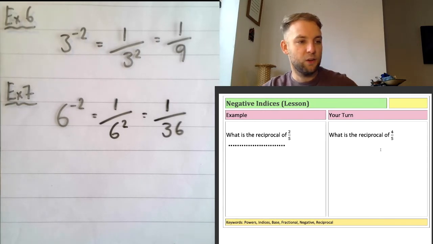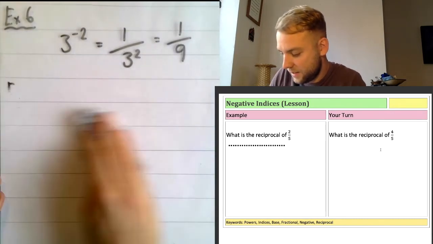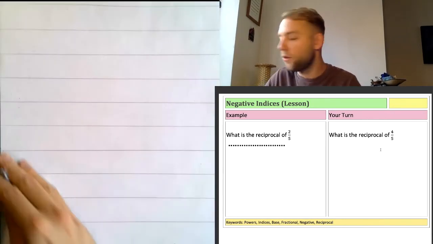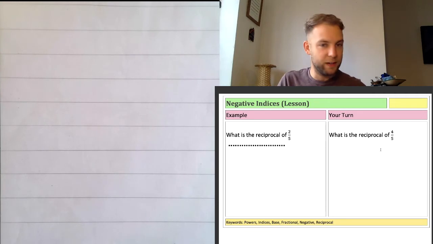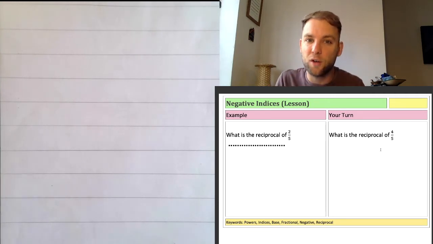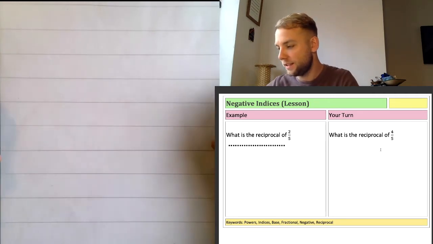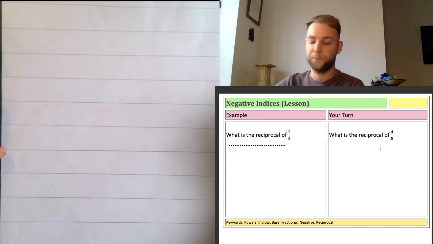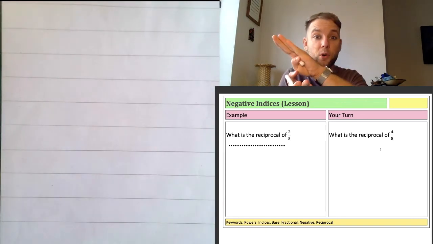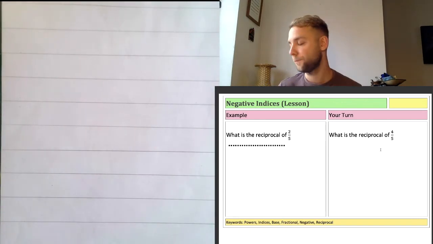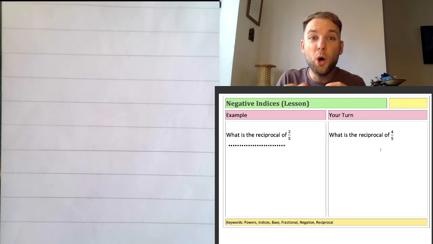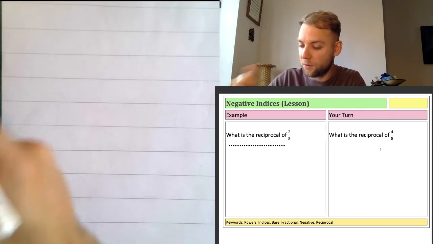Okay, so next stage. Now we've talked about the fact that we've got the reciprocal, and this one here is taking it just that little bit further, not too much, but I wanted to put this in here because it does come up. I've said to you the reciprocal is the same as 1 over. Now 1 over a fraction means that you flip it. I'm going to write this down as a definition.